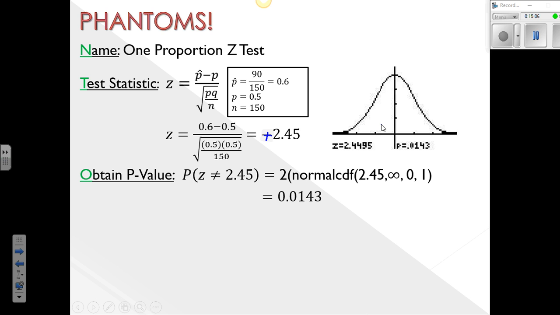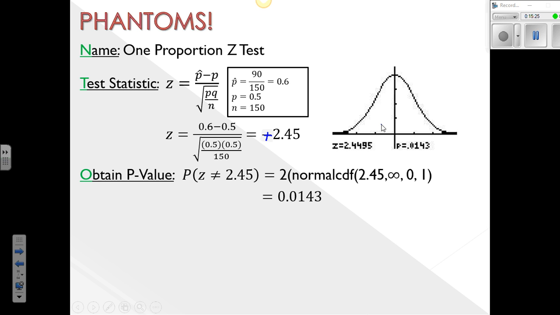So what do you think about this p-value? Is that enough evidence? When I ask you if it has enough evidence, what I'm asking is, is the p-value low? Yes. If the p is low, you have enough evidence.